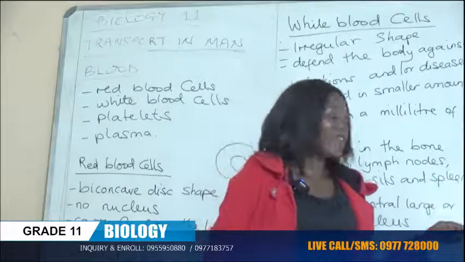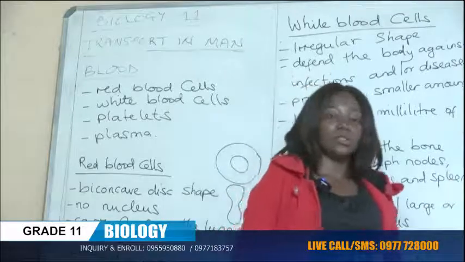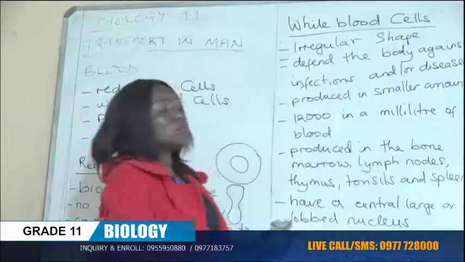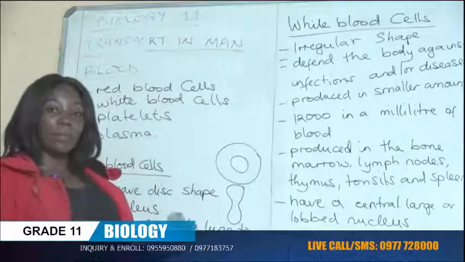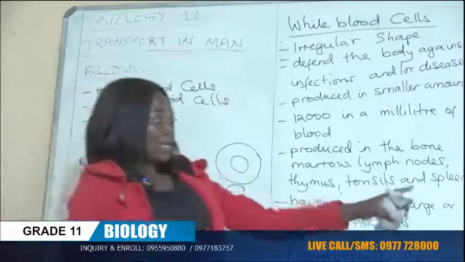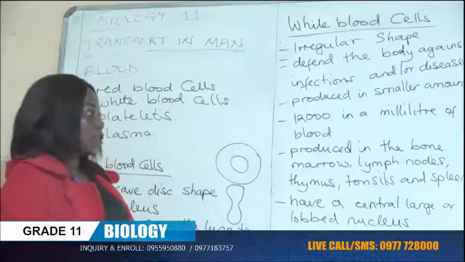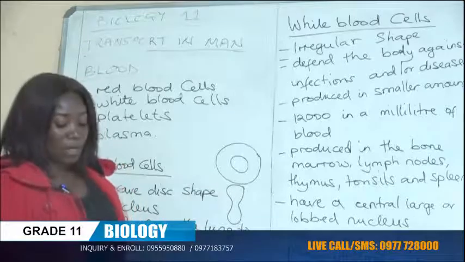Antibodies destroy bacteria, while antitoxins neutralize poisons from bacteria. So an antitoxin will just remove the poison from the bacteria, but not completely remove the bacteria or the germ. But an antibody will completely destroy the germ or the bacteria. Those are types of white blood cells.